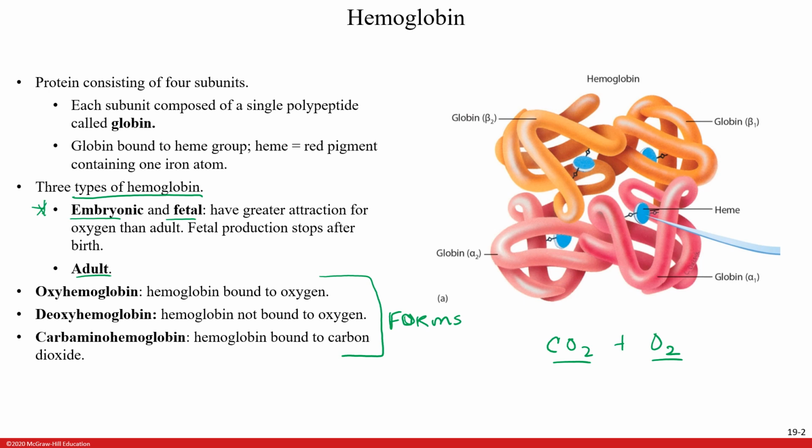Hopefully that makes sense to you. If it doesn't, let me know, and I will see if I can come up with another way to explain this. But you do need to understand that there are 3 types of hemoglobin, and that hemoglobin molecules in general can take on one of these 3 forms at any given point in its life because they carry both oxygen and carbon dioxide through the body.